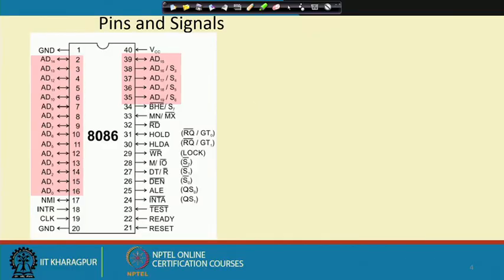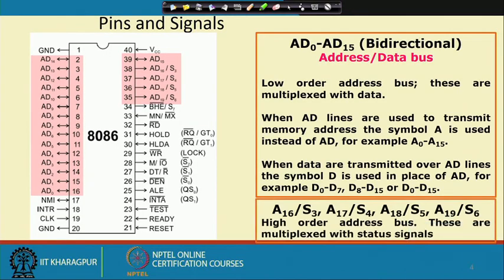As usual we will be starting with the pins and signals. We have got AD0 to AD15, which is the bidirectional address data bus. These are the multiplexed address data bus.